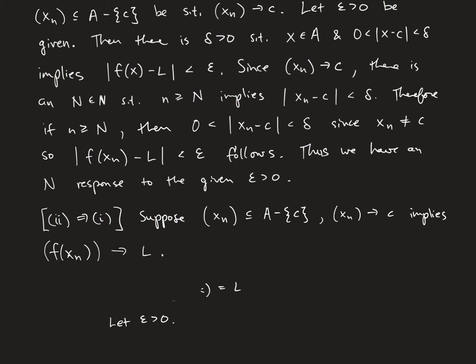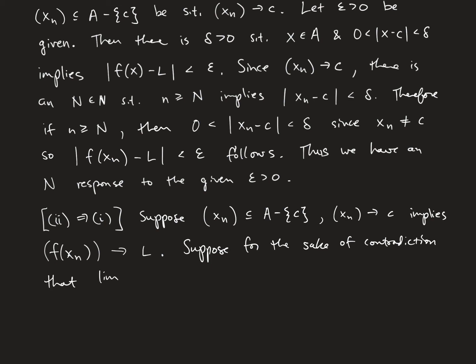Okay, so to actually get somewhere here, we're going to do a proof by contradiction. So suppose, for the sake of contradiction, that the limit as x approaches c of f of x is not equal to L.